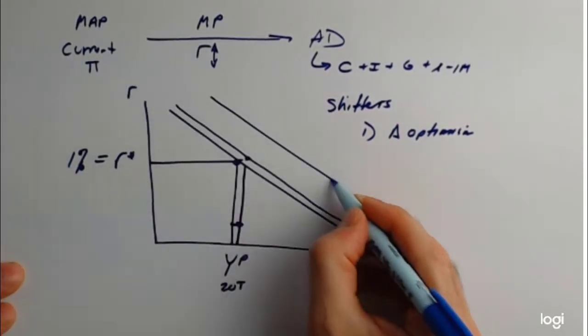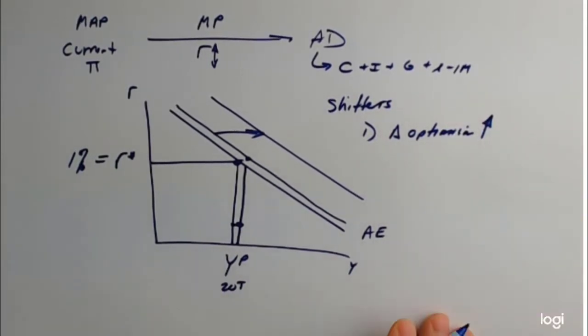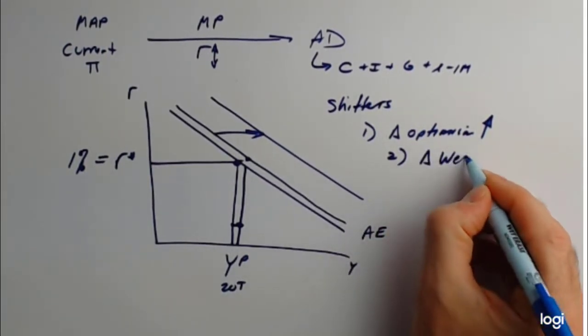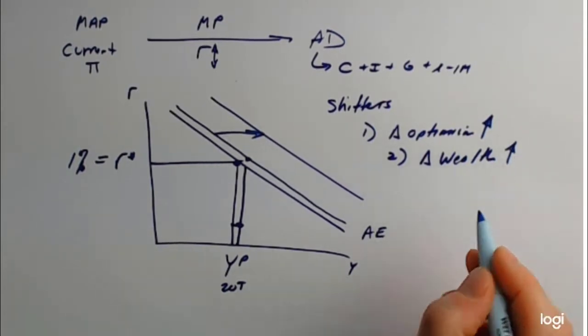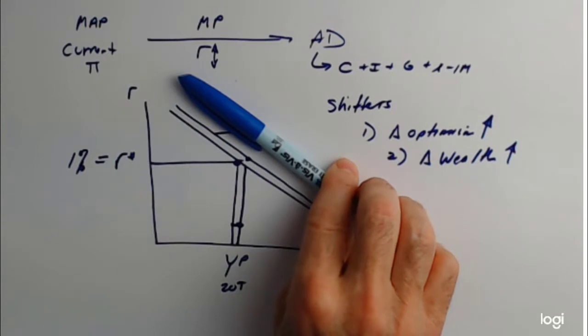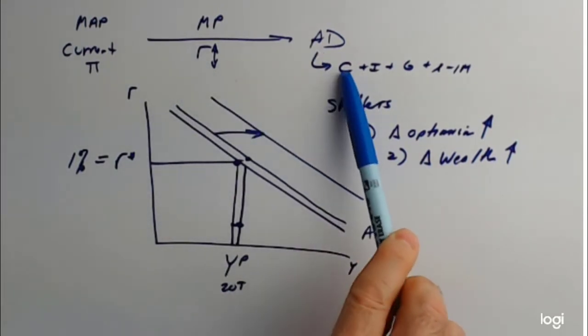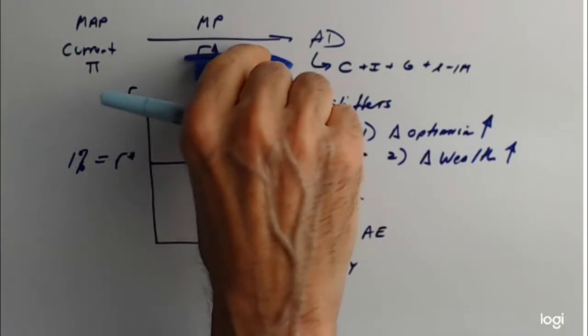So the curve goes out to the right with an increase in optimism or a decrease in pessimism, if you want. Two, you have a change in wealth. When wealth goes up, we all feel a bit richer, then we're going to spend more, all else being equal. You and I will consume more. Businesses will invest a bit more because of that.